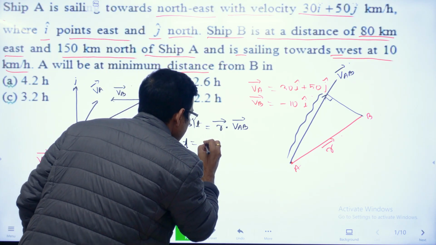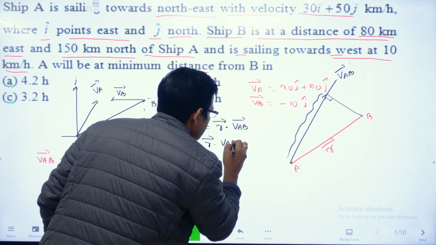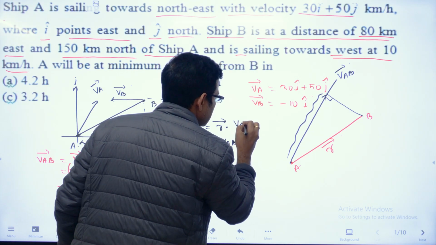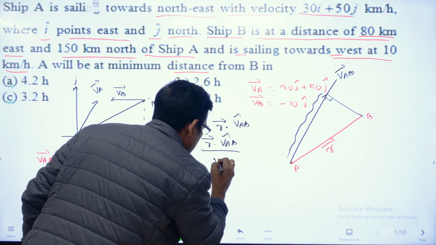t is equal to R dot the unit vector of V_AB, divided by the modulus of V_AB.